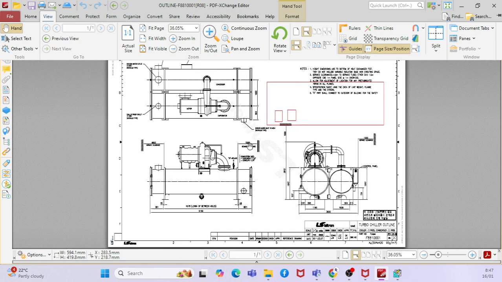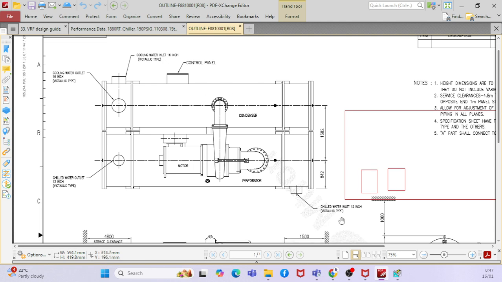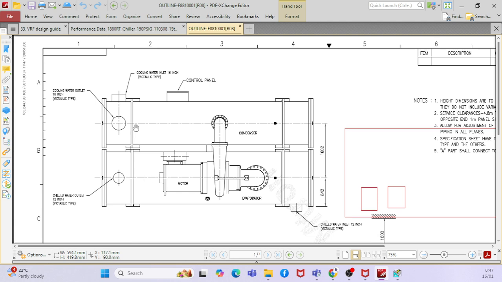Now this is the water cooled chiller, where you can see there is an evaporator and a condenser. This is one heat exchanger and this is the other. The chilled water has an inlet and an outlet, and similarly here is the cooling water inlet and cooling water outlet.